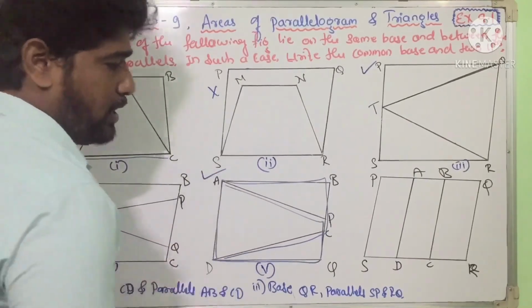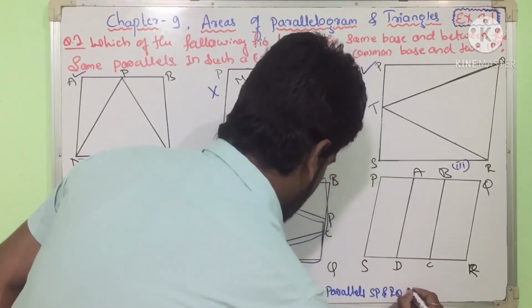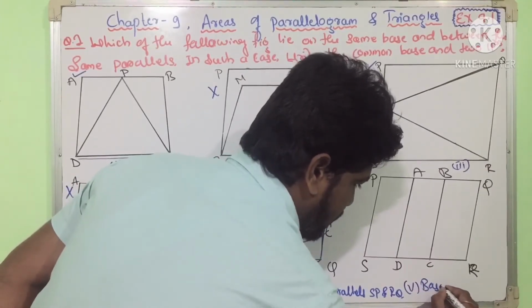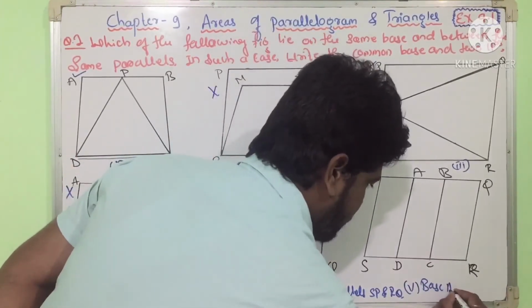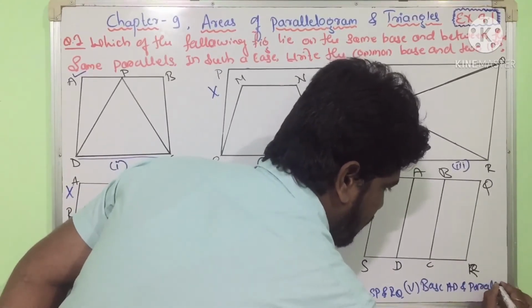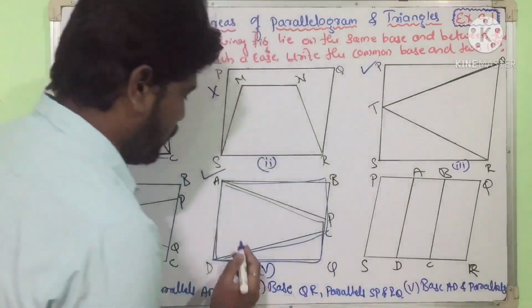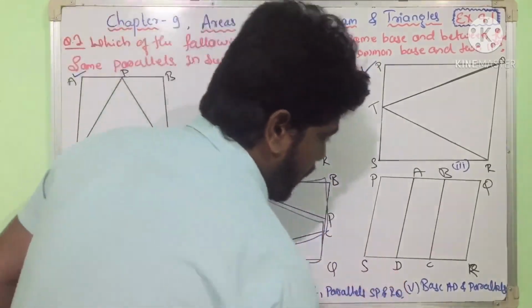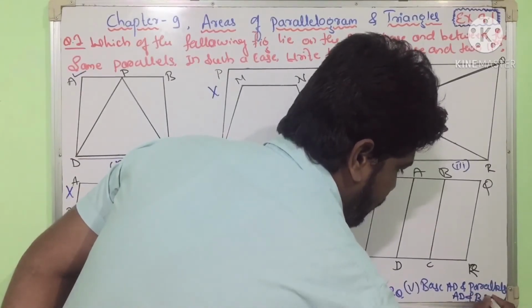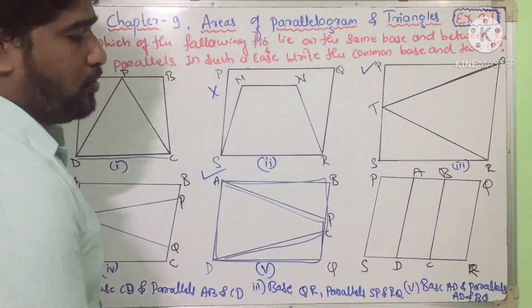So this one is right. So for the fifth one: base AD and parallels AD and BQ, right?